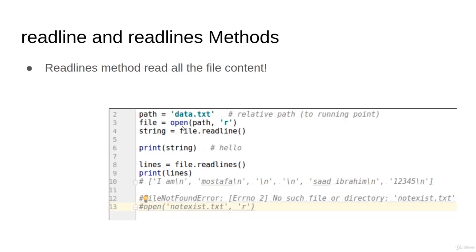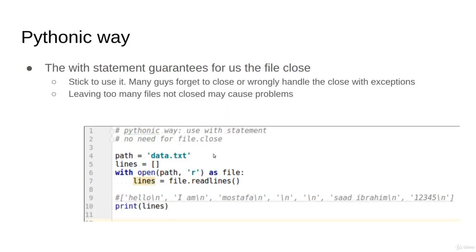Notice the syntax here. We have the open, and it's returning a file here. The syntax is a bit different. You have the with, then the open call, then the word as and a name. This name would be the object, so it's going to open the file and put the object here. So please familiarize yourself with this different way.